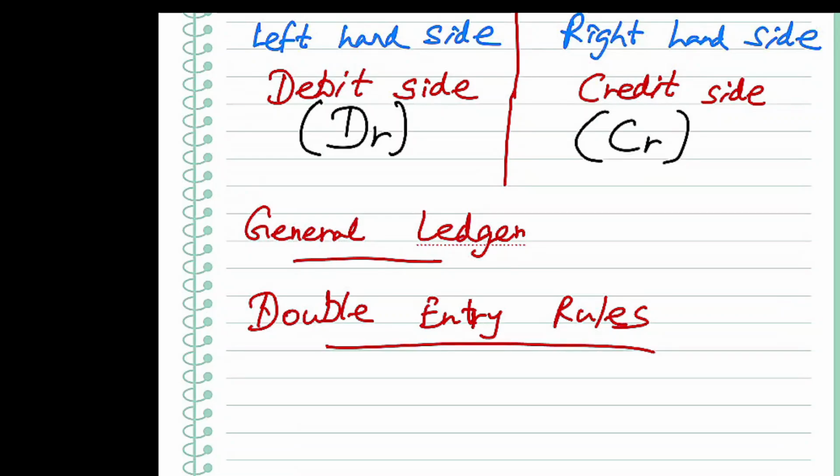You might have written this before, but please write it. Number 1, every transaction must be recorded in at least two ledger accounts.